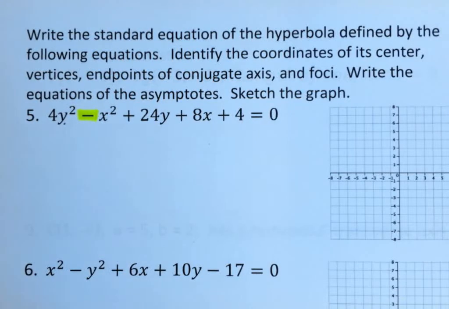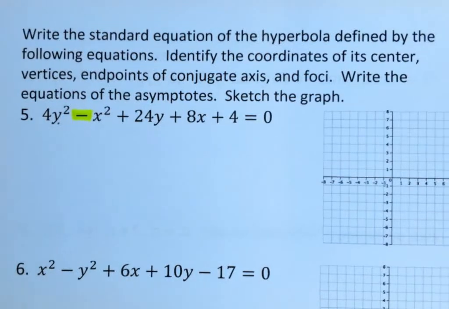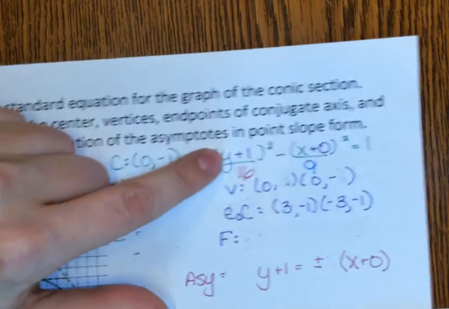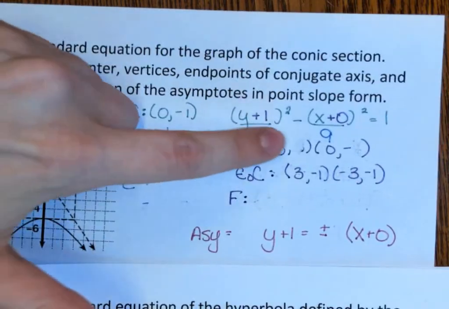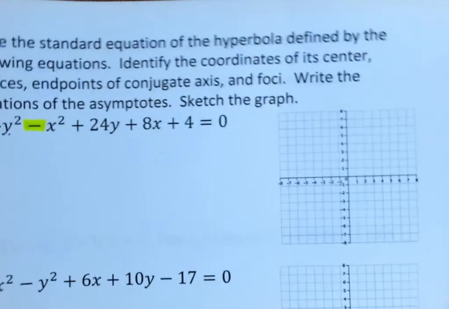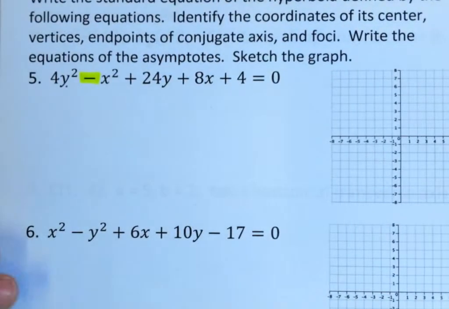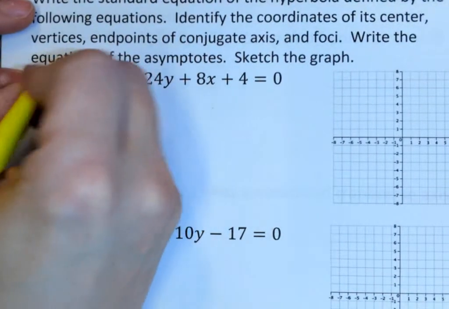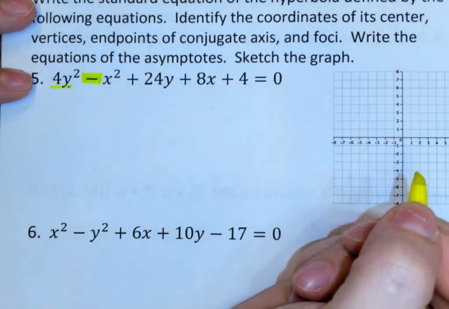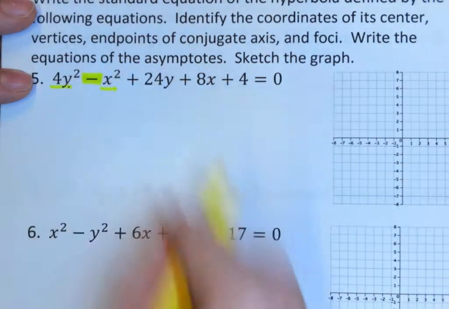In a hyperbola, one of your squares is going to be negative. Because that takes us right back to what we were looking at before. You see we have the negative in front of one of those pairs. So use that as your starting off point. The variable that's positive is going to go first. The variable that is negative is going to go second.